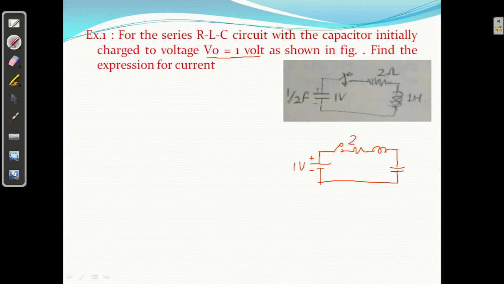R is 2 ohm, L equal to 1 Henry, and C equal to 1/2 farad. Already it was 1 volt charged, so I put a 1 volt source. So both are the same problem, and I am closing the switch at t equal to 0.